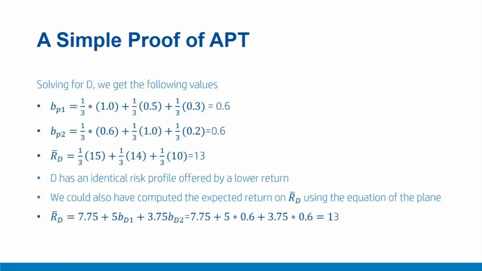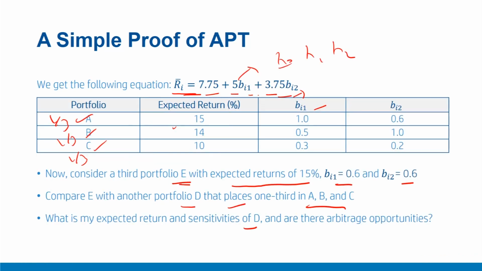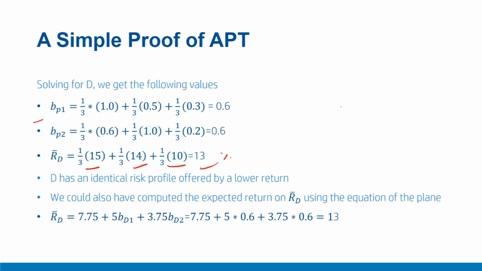Knowing that this is a 1/3 portfolio of A, B, C, we can take 1/3 of the expected returns, which is 13%, and we can compute the averages of bi1 and bi2, which is shown here.